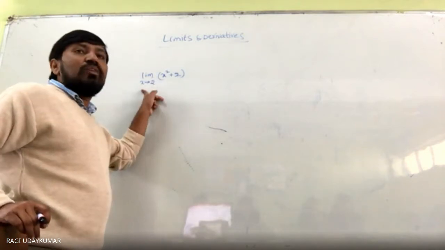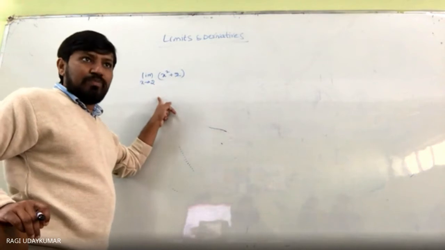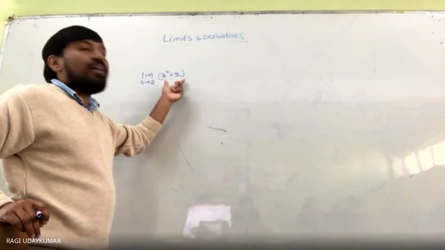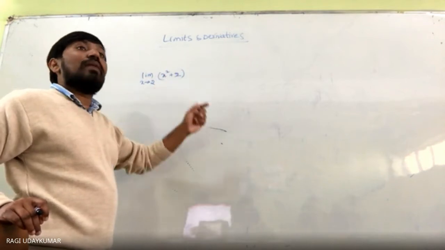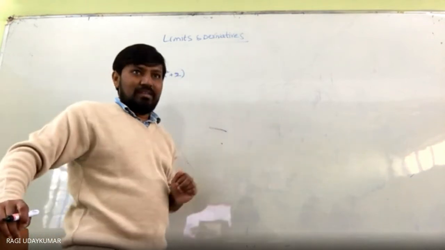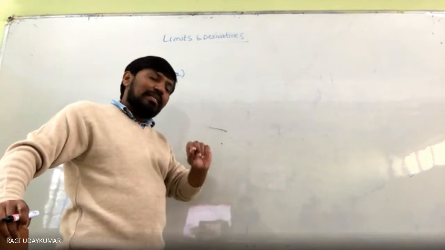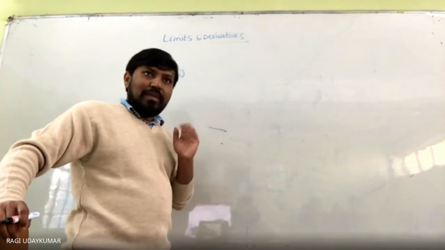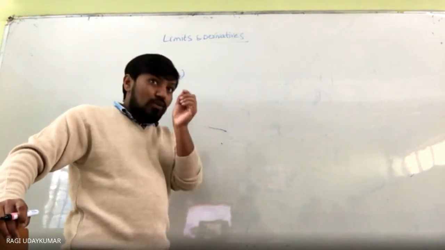Whenever x is approaching 2, very close to 2, what will the value of x square plus 2 be? Maybe x is less than 2 or maybe greater than 2, but near to 2.